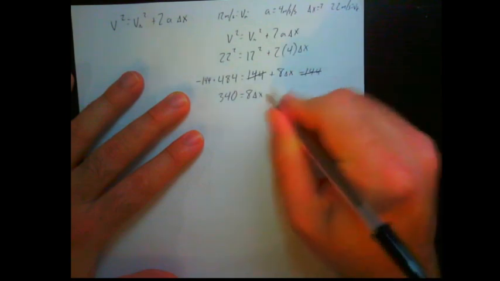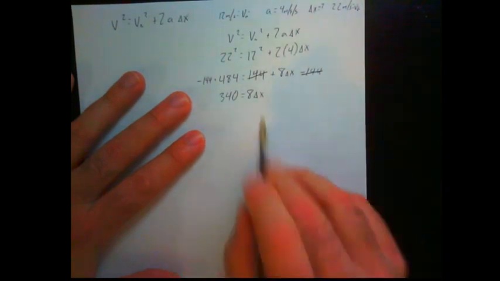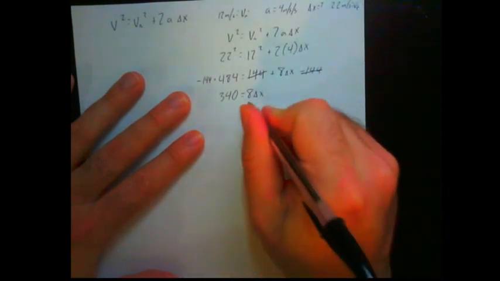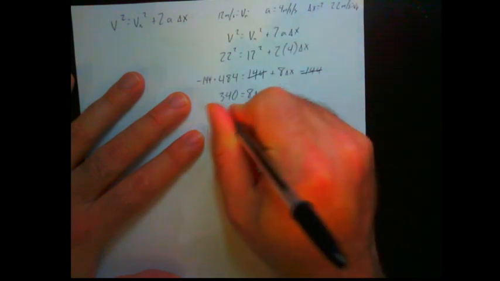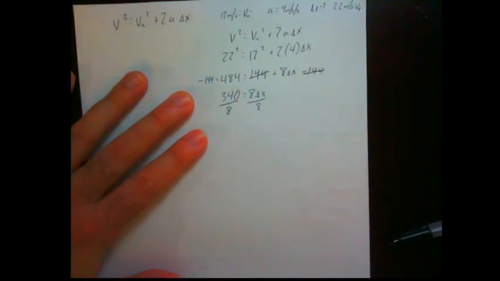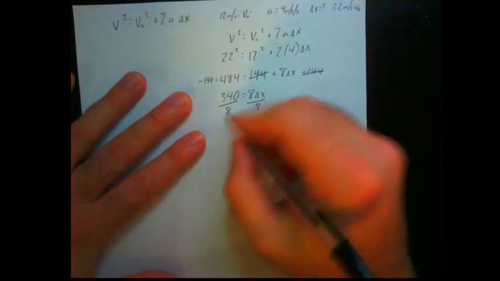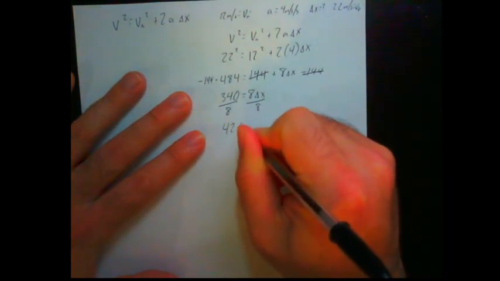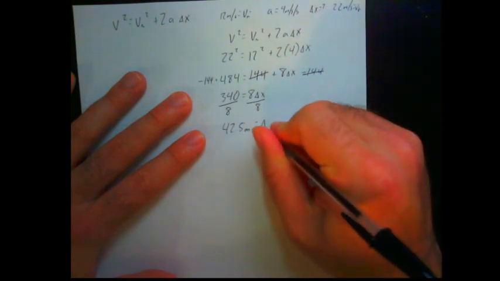And then we just copy the 8 delta x down. Now to get the delta x alone, we need to divide by 8 on both sides. 340 divided by 8 gives us 42.5 meters, since that's what we've been working in since the beginning.